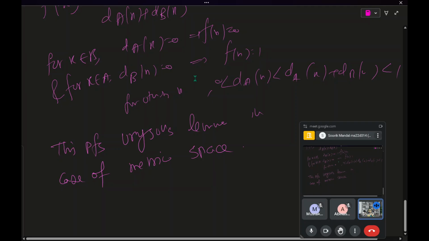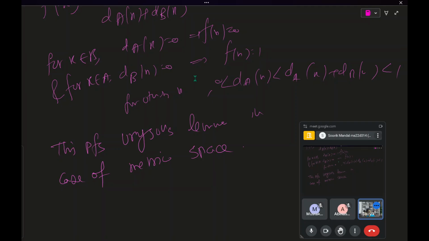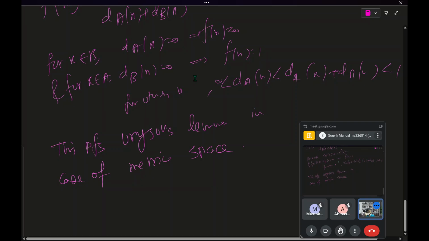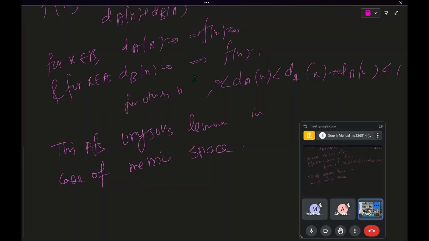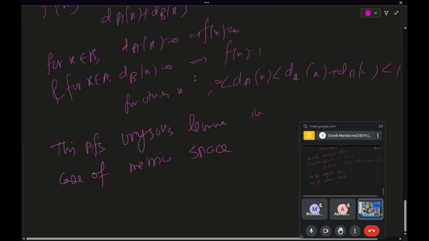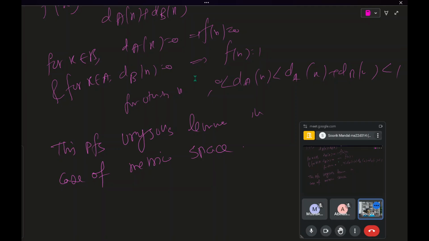So the topological proof is for the metric space. So this is one very important thing. And there is another important thing, namely Tietze's extension theorem.